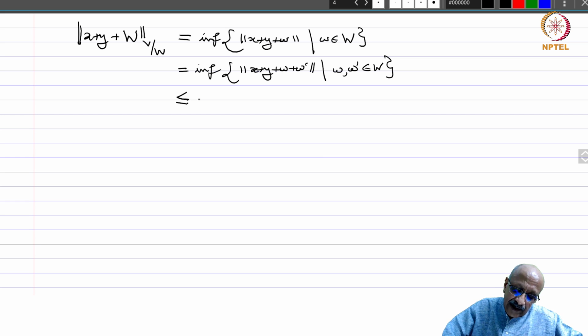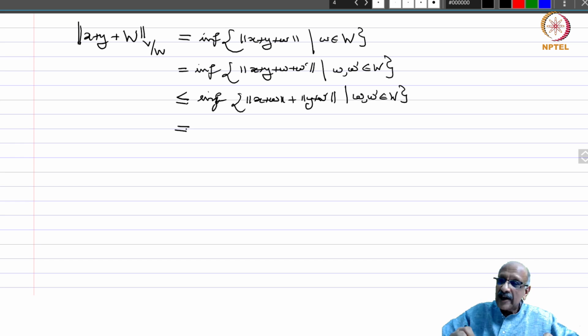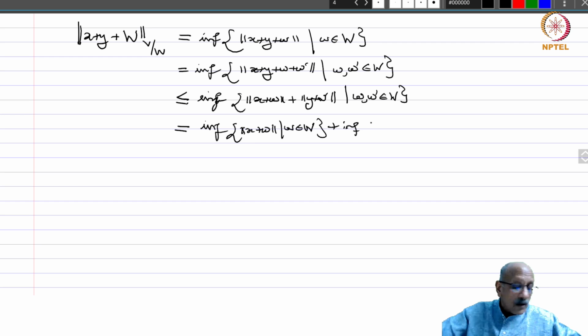Now, because of the triangle inequality, this is less than or equal to the infimum of the norm of x plus w plus the norm of y plus w dash, w, w dash in W. And now this is equal to, so this is a small checking on the notion of infimum from real analysis, which you should do, the infimum of the norm of x plus w in W plus the infimum of the norm of y plus w dash in W. So a small checking is needed, but you should be able to do it.